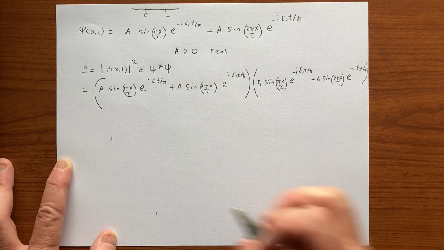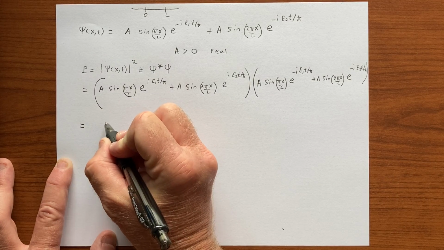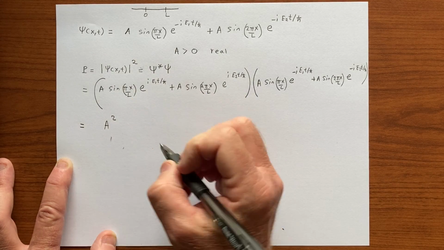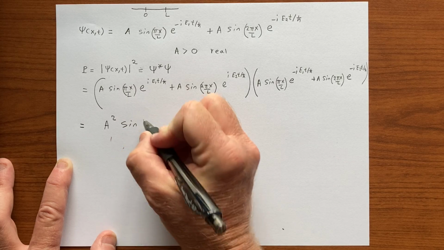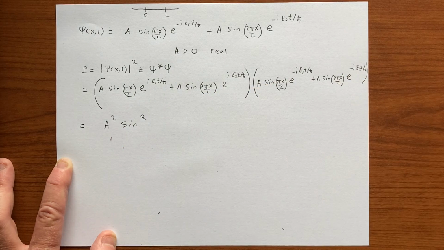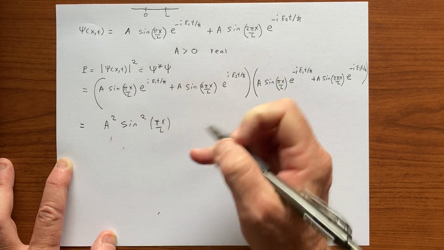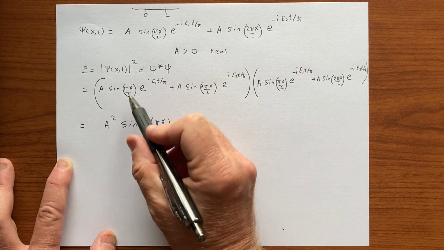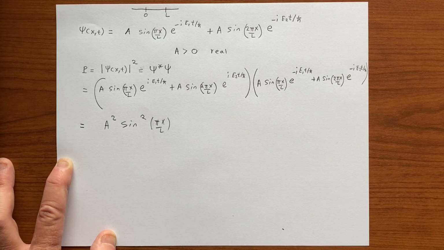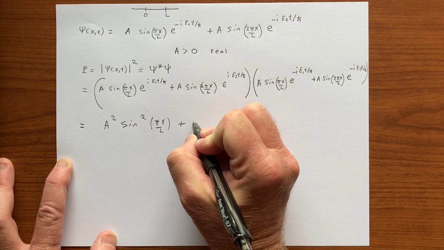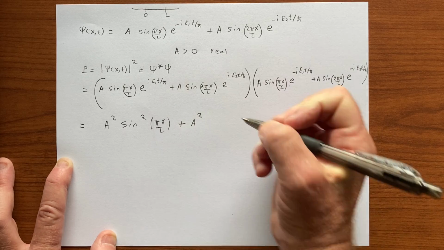And that gives us A squared sine squared of pi x over L, right? This times this. Cross terms, we also have an A squared there.